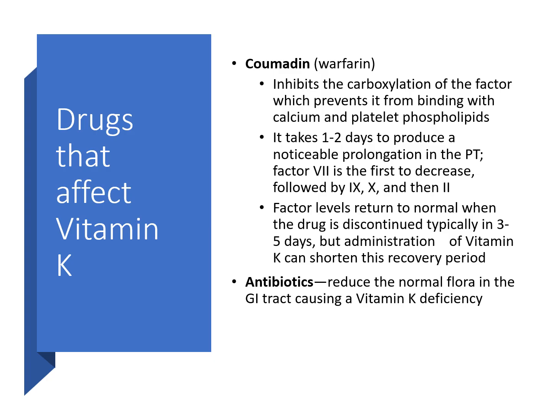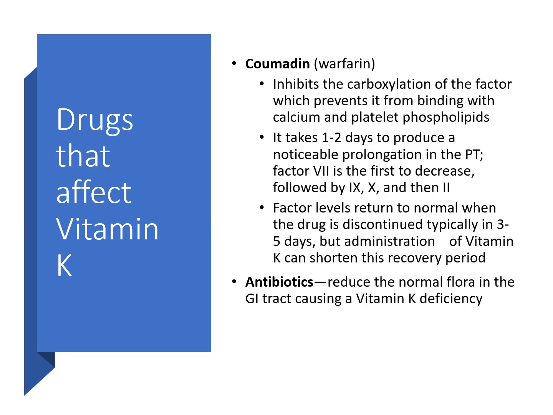And some of those components, which we will talk about when we get to our fibrinolysis unit, actually decrease prior to factor 7, but we'll talk more about those later. They're not really pertinent to this exact moment. So factor 7 is the first to decrease with Coumadin therapy, followed by 9, 10, and then 2.